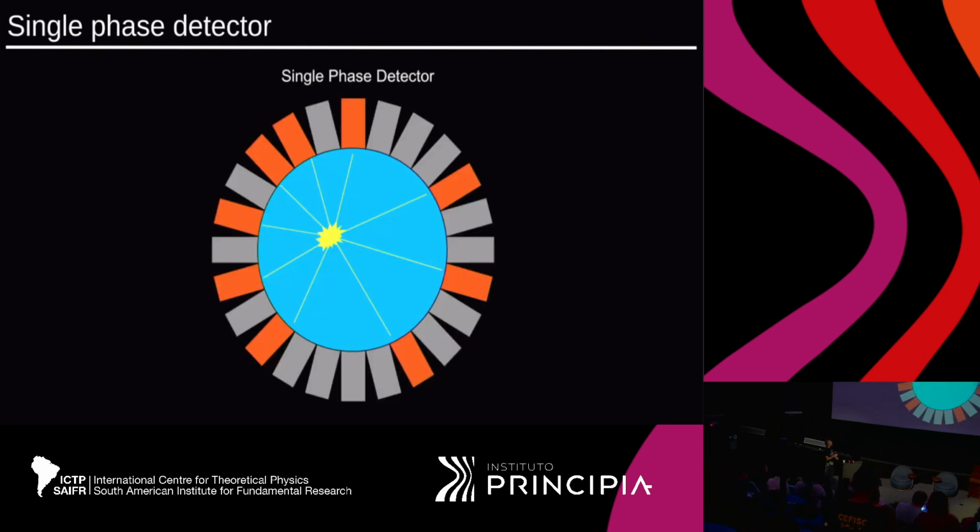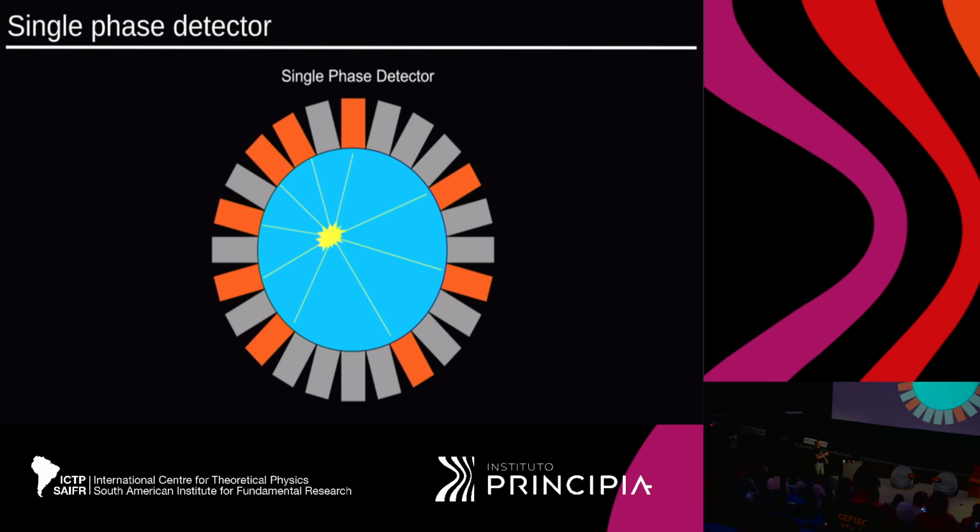So now, going into the different techniques, the simplest one is what is called the single phase detector, and that is just a volume filled with whatever noble liquid that you select, okay? And then you have light detectors all around. This is the simplest thing that you can do. You are essentially just looking at the scintillation light that is produced in this volume.